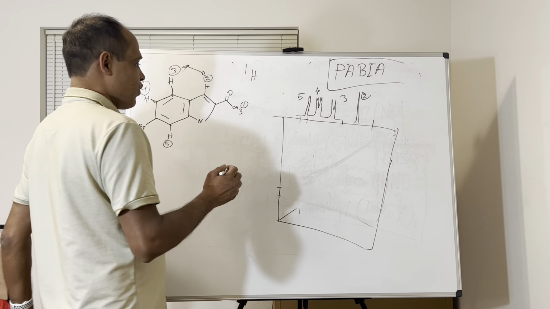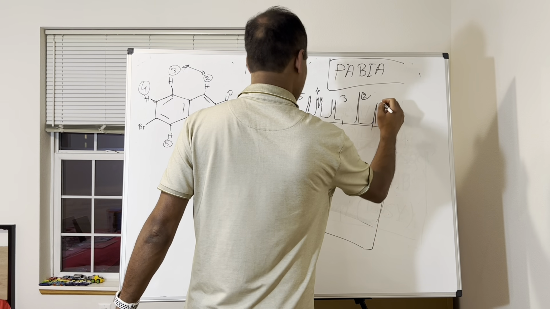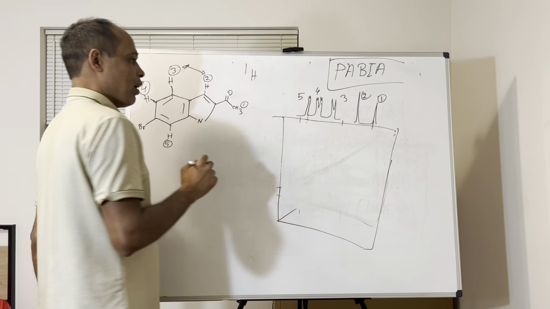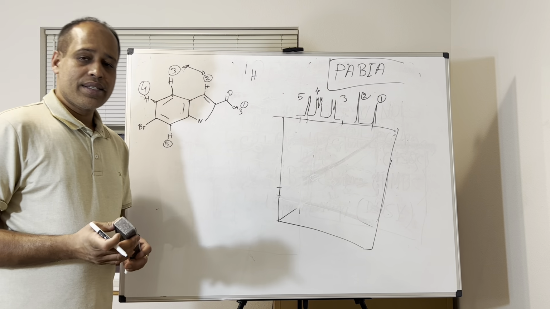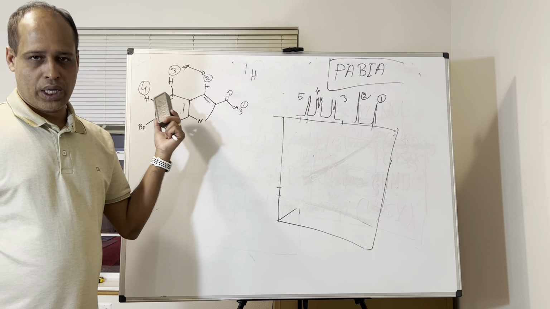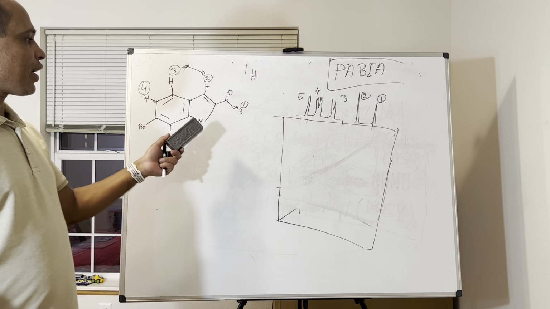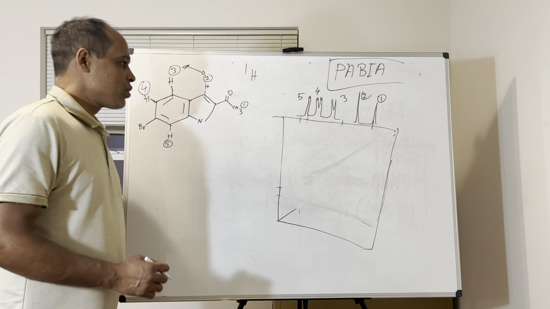HSQC is totally different. So it will be 1. Now you know the proton numbers, like which kind of proton is which. So with the HSQC you can get the idea of those carbons.